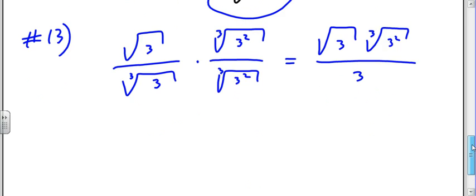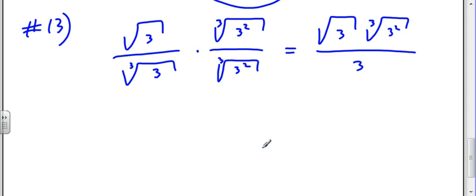Now, let's look at the square root of 3.